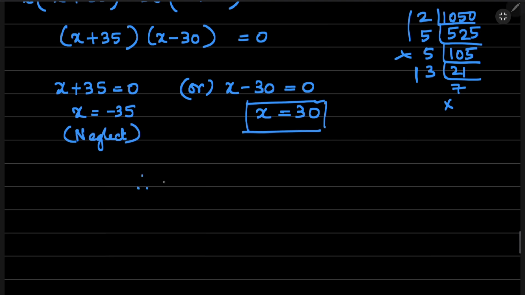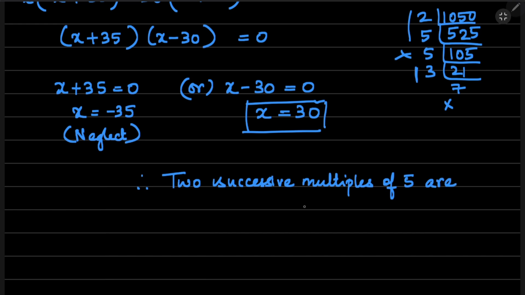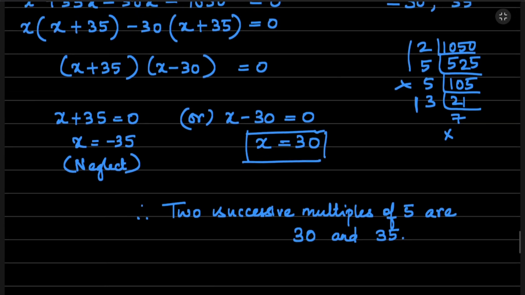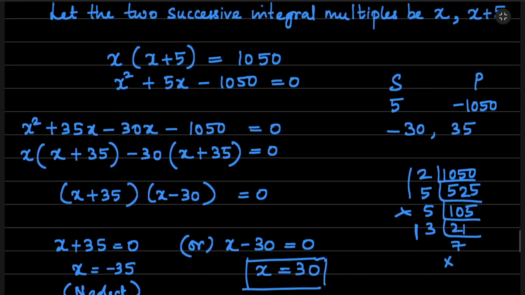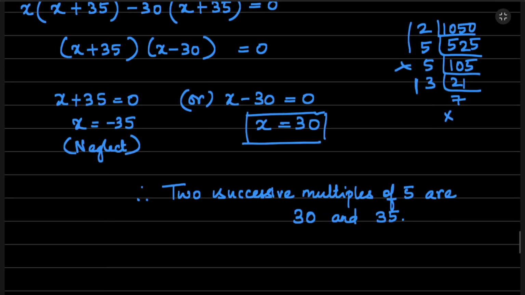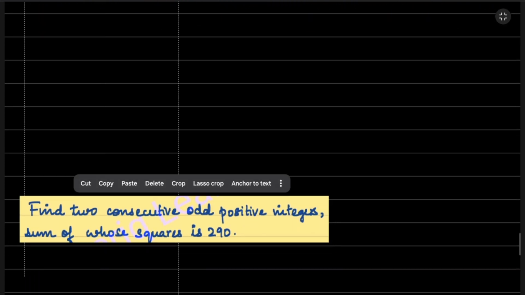So therefore you can write the two integral successive multiples of 5 are 30 and 35. Okay, so this is your answer for the first question. Let's move on to the next question.